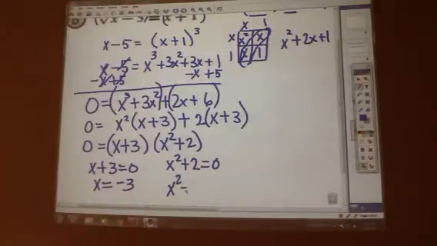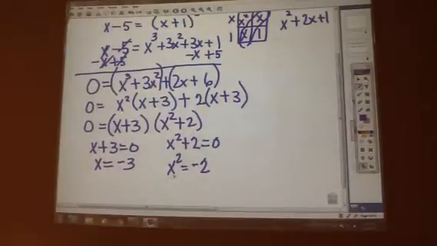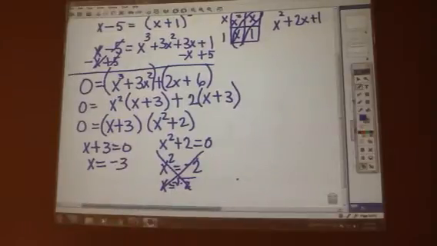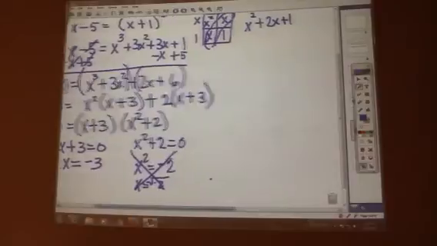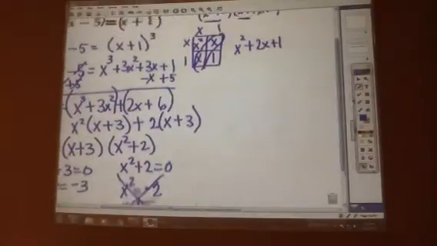X squared equals negative 2. And I can't have x equals square root of negative 2, so that will not be an answer. So now we have to see if negative 3 is an answer. So we're going to check it, if we can find the problem.